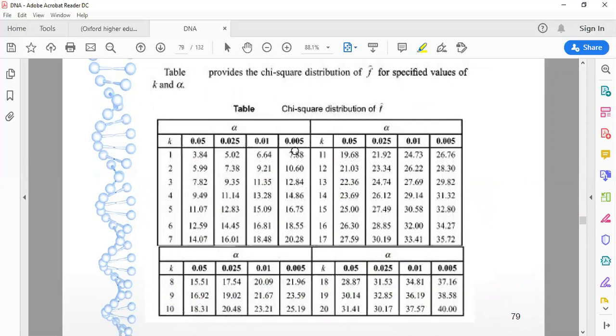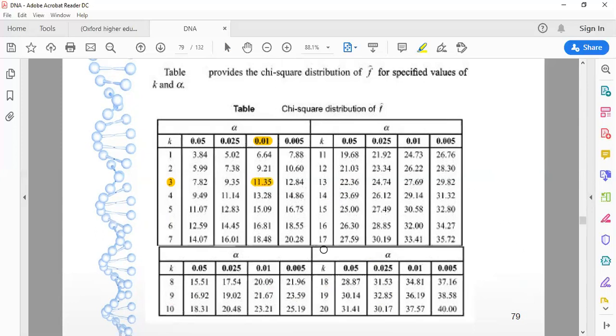Now consider a case when k is equal to 3 and alpha is equal to 0.01. So the degree of freedom for that particular network is 3. Hence, k is equal to 3 and alpha is equal to 0.01. So over there, the value of chi-square will be 11.35.